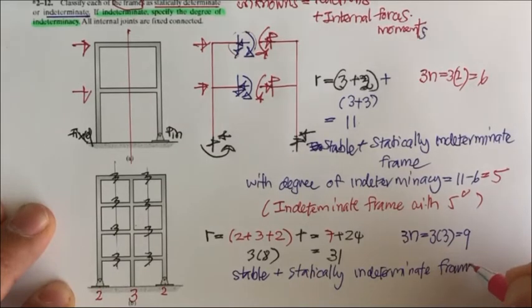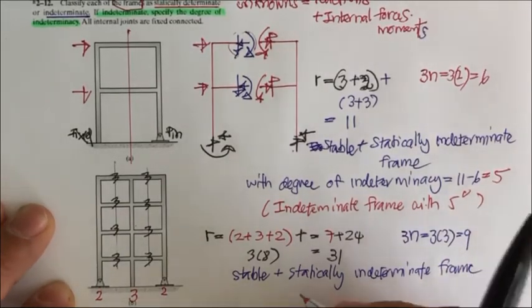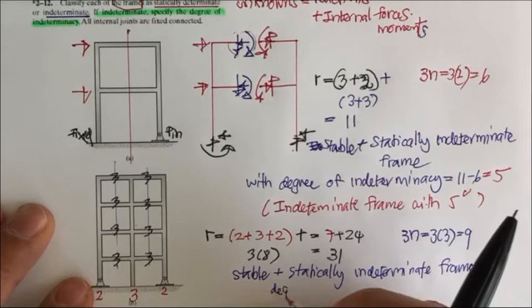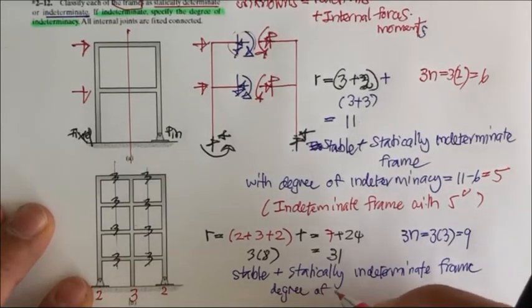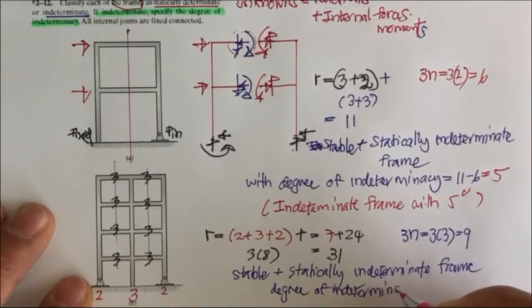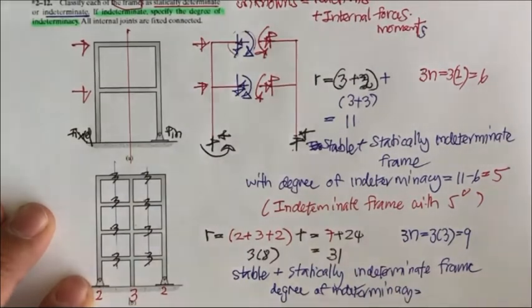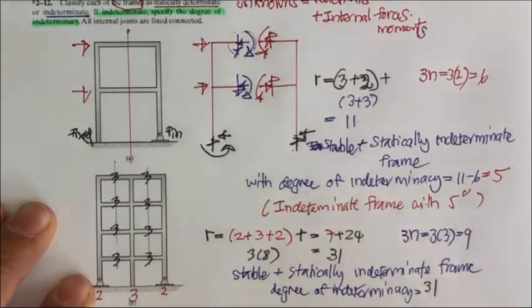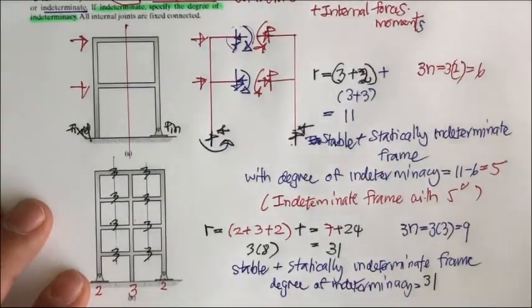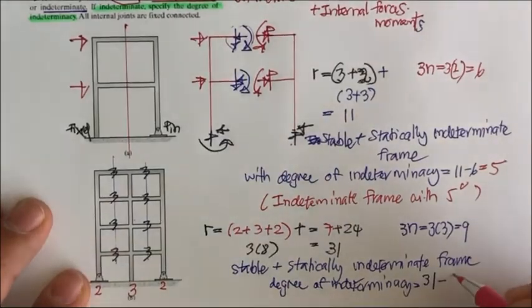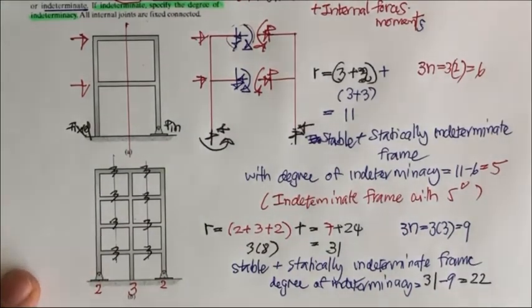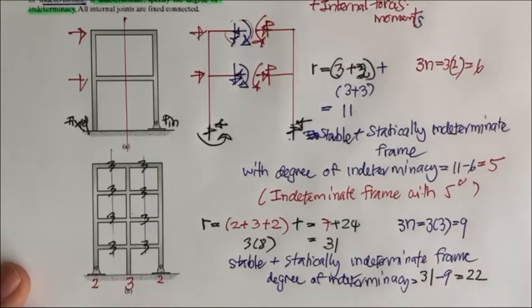Okay, and the degree of indeterminacy is equal to, this is 31, and then minus 9, and you get 22 degrees of indeterminacy.